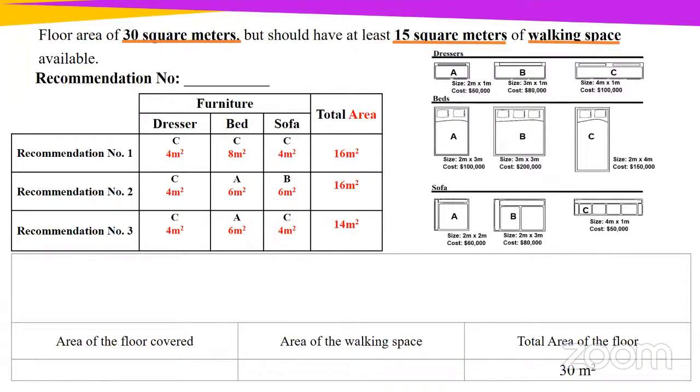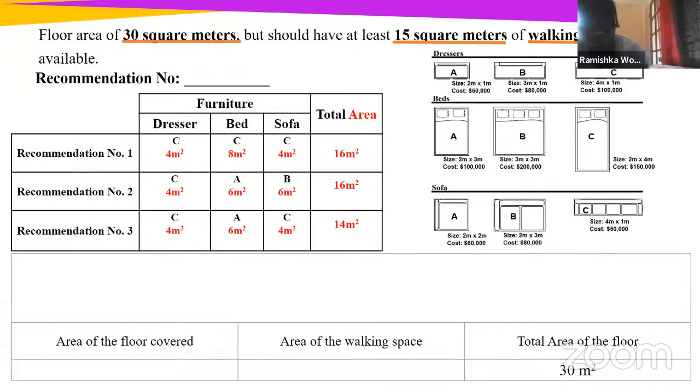Miss, can you repeat the question, please? What would we need to do to find the area of the walking space? So you're saying no, we don't, the recommendation would not work. I want you to tell me, how would you arrive at the walking space?